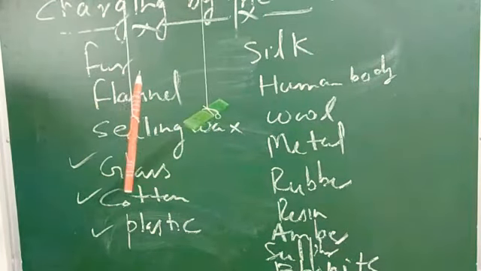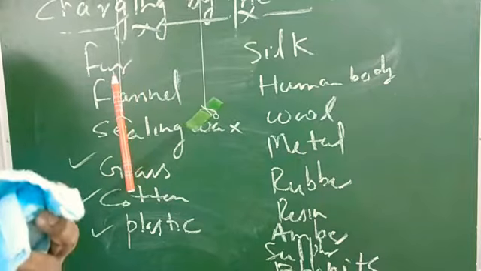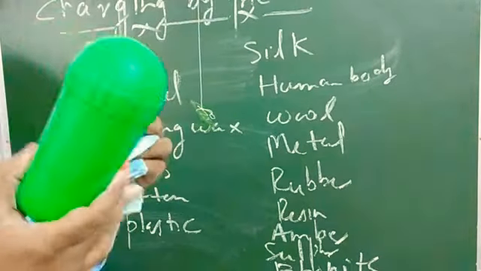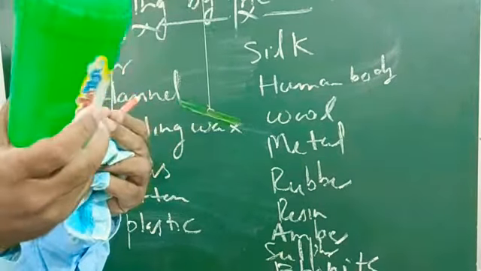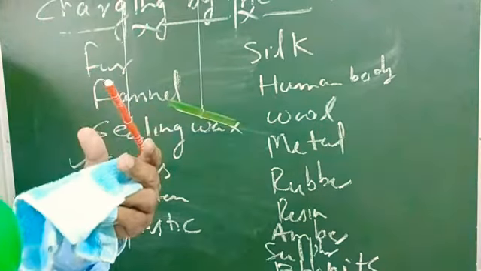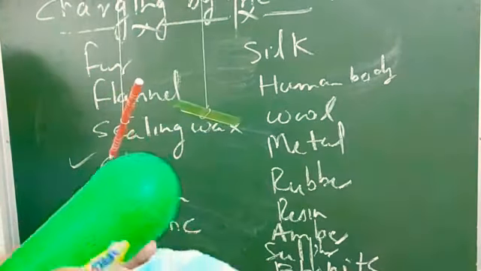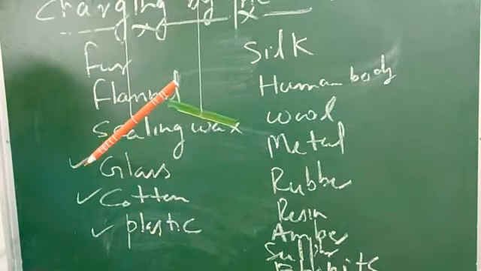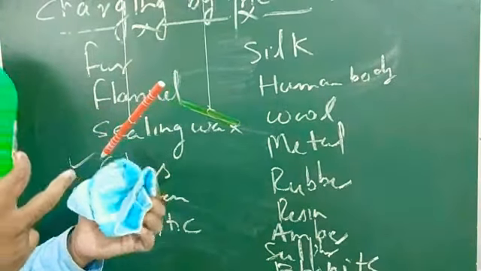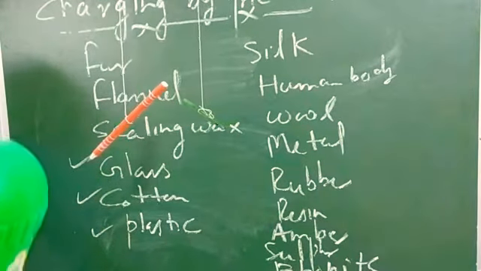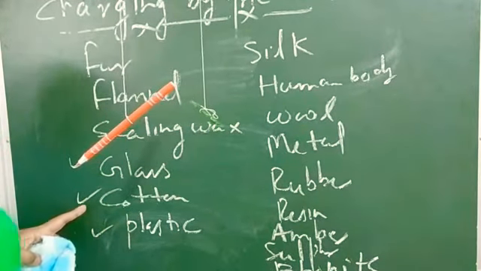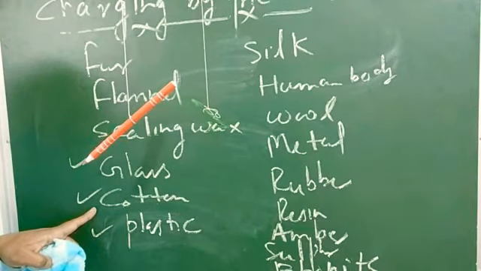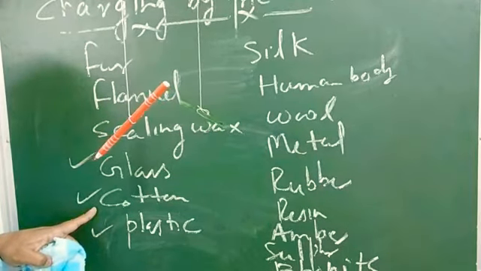See, it is cotton and I am rubbing it with plastic, and according to the series, cotton will be positively charged and plastic will be negatively charged.